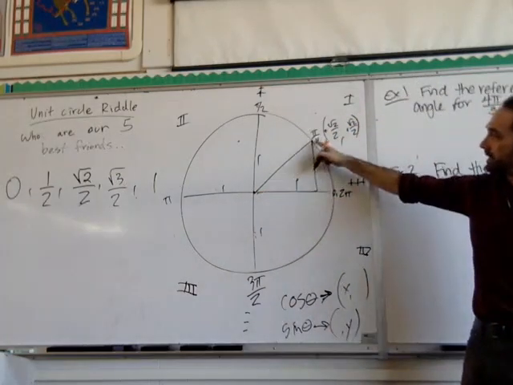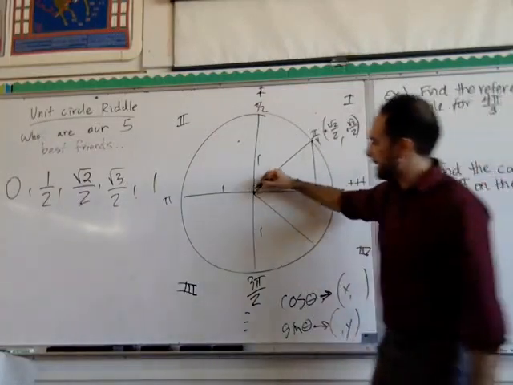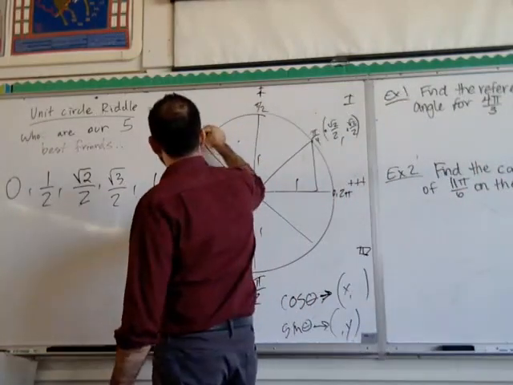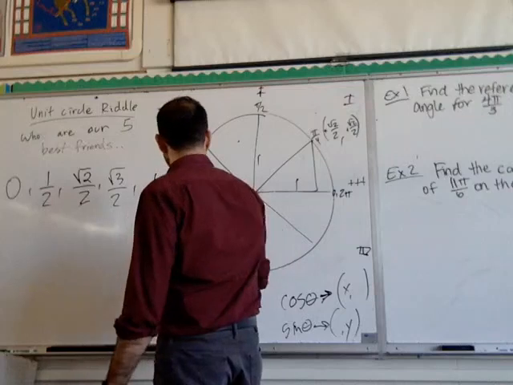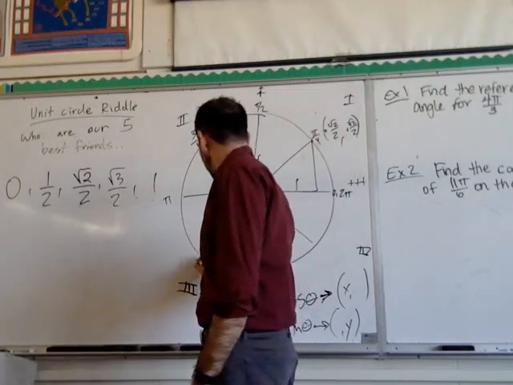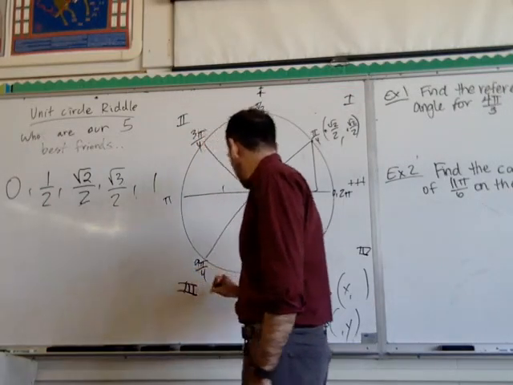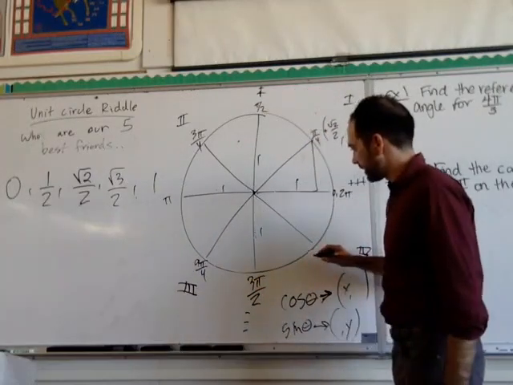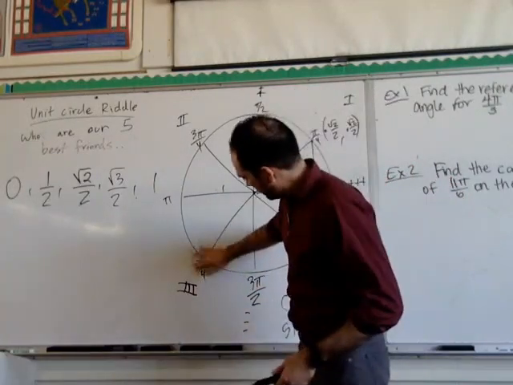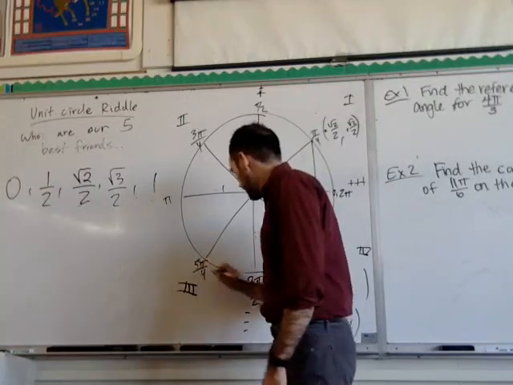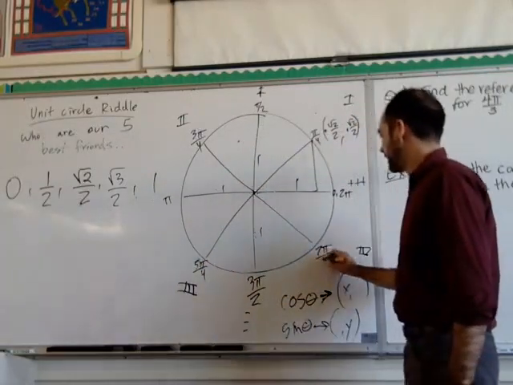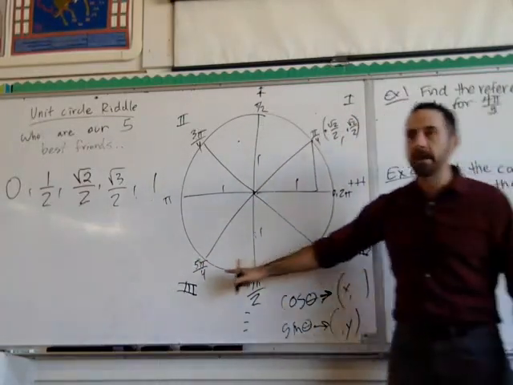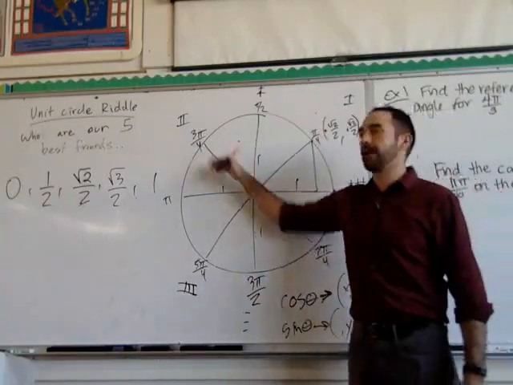If I have any of my thetas that have a 4 on the bottom, 3 pi over 4, 5 pi over 4, 7 pi over 4, you see, any that have a 4 on the bottom, they're at those 45-degree angles.